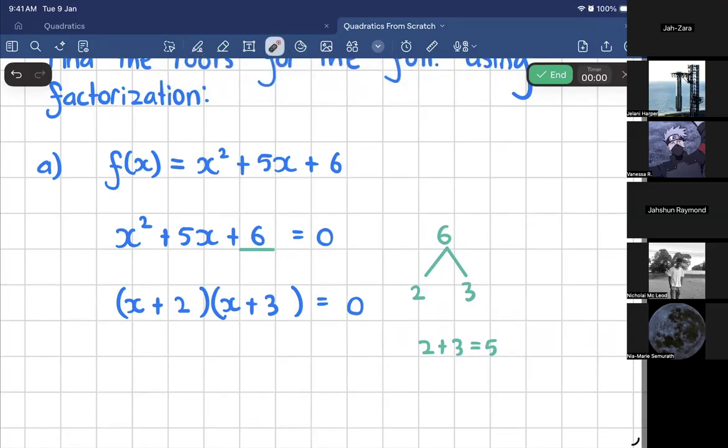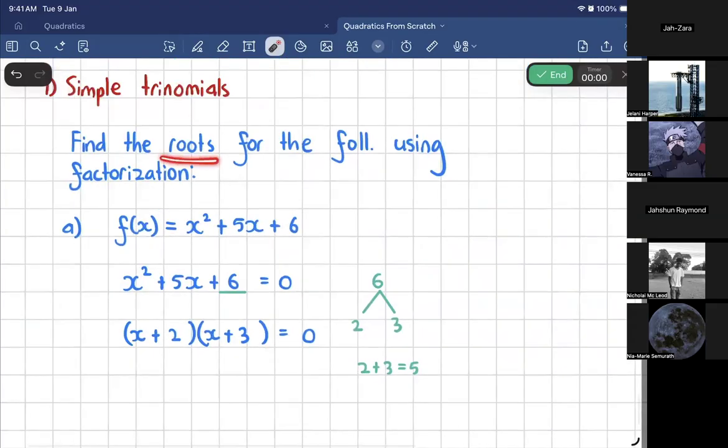So Jazara, we are trying to find the roots. Do you know another name for roots? X-intercepts, right? At the x-intercept, what is f of x equal to? 0, right?